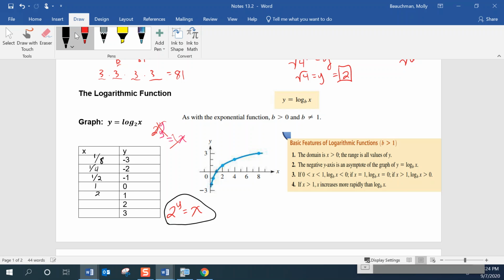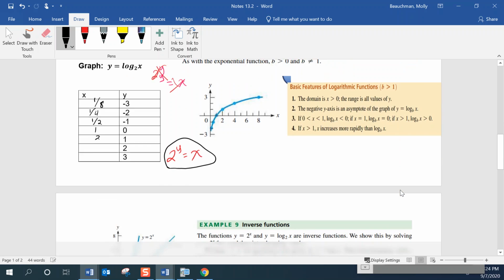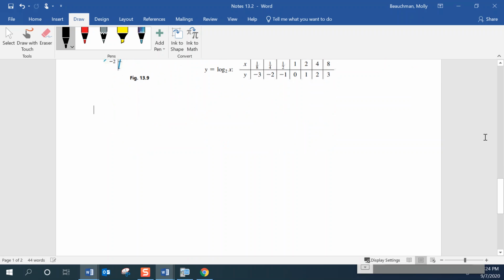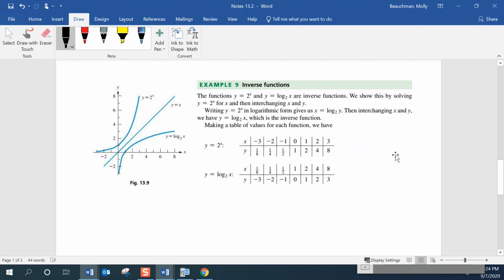Okay, so the relationship between the logarithmic and the exponential is they're called inverses of each other. So I just wanted to put this in the notes so you could take a look. When we graph the functions 2 to the x and log base 2 of x, both are increasing, but the x and y coordinates basically are switched.